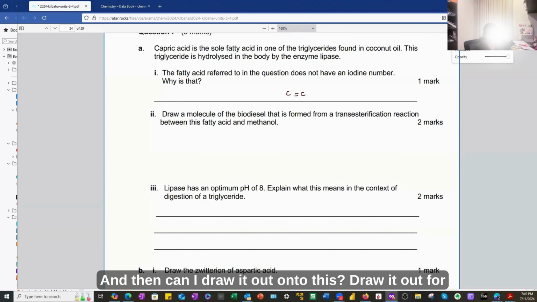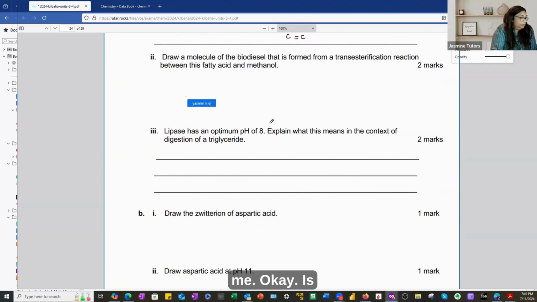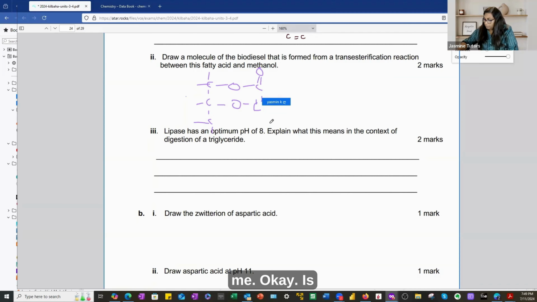Can I draw it out? Yes, draw it out for me. Is that correct?